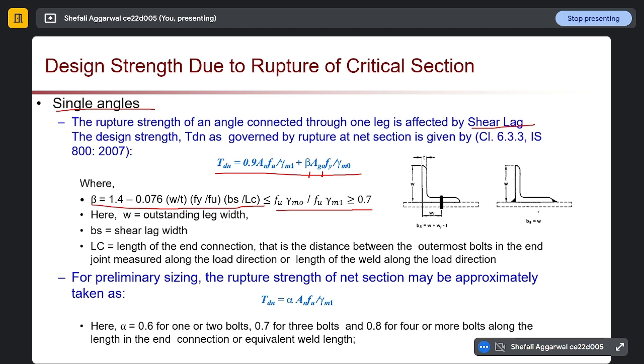W is the outstanding leg width, and bs is the shear lag width. This is our shear leg. This will be our bs. W plus w1 minus t. So w plus w1 minus this thickness t.